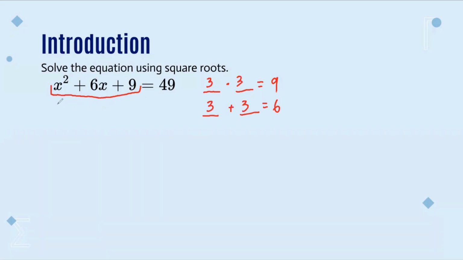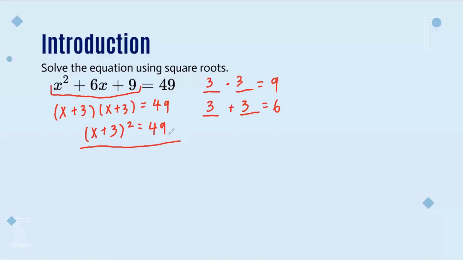So you can factor this as x plus 3 and x plus 3 equals 49. And actually, since these are both x plus 3, this just means x plus 3 squared equals 49. And this looks like a standard quadratic equation that we can solve using square roots.